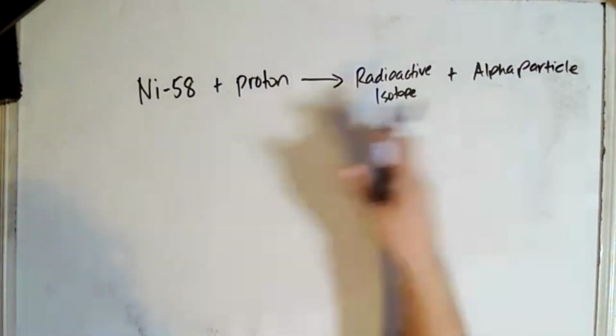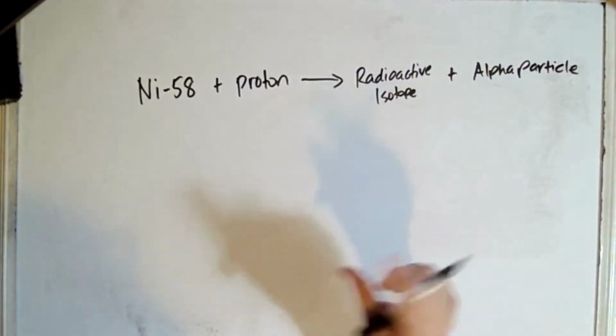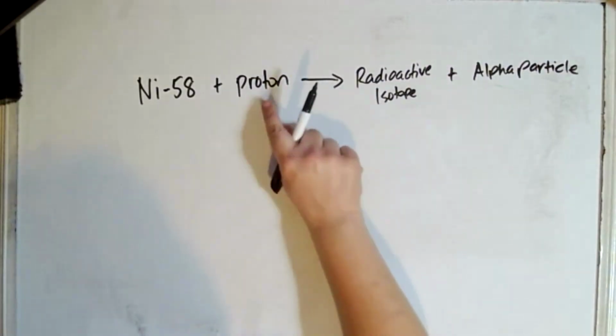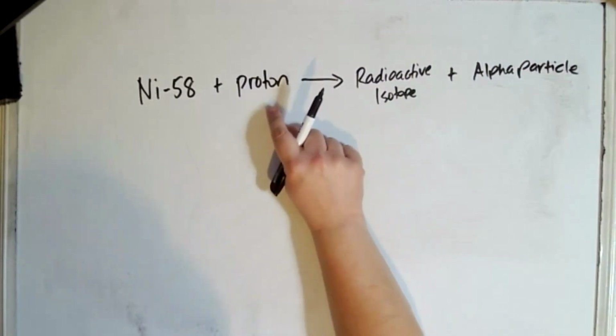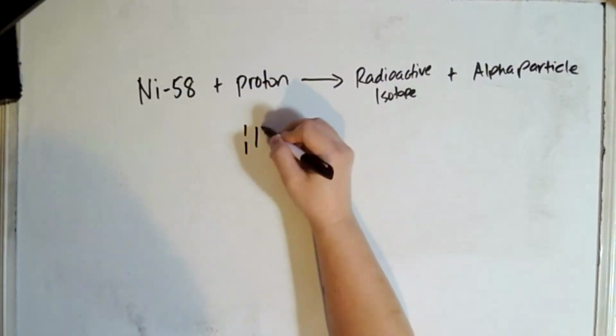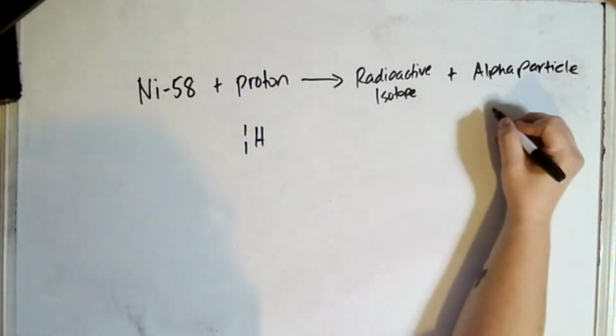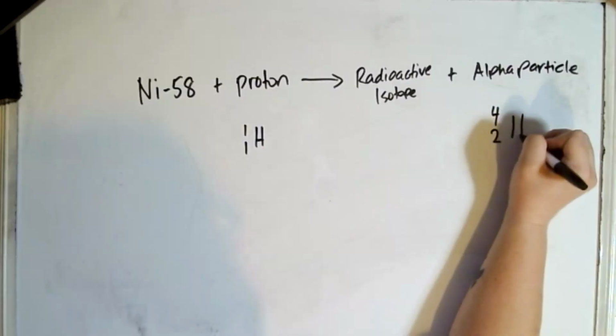And we can fill in a lot of these things already with actual isotope notations. They remind us in the question of the notation of a proton, which is 11H. We know what an alpha particle is. It's 42He.